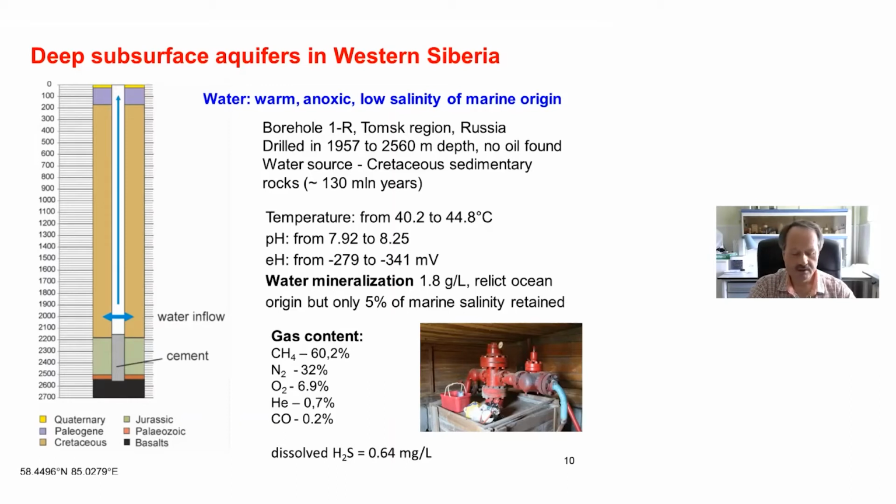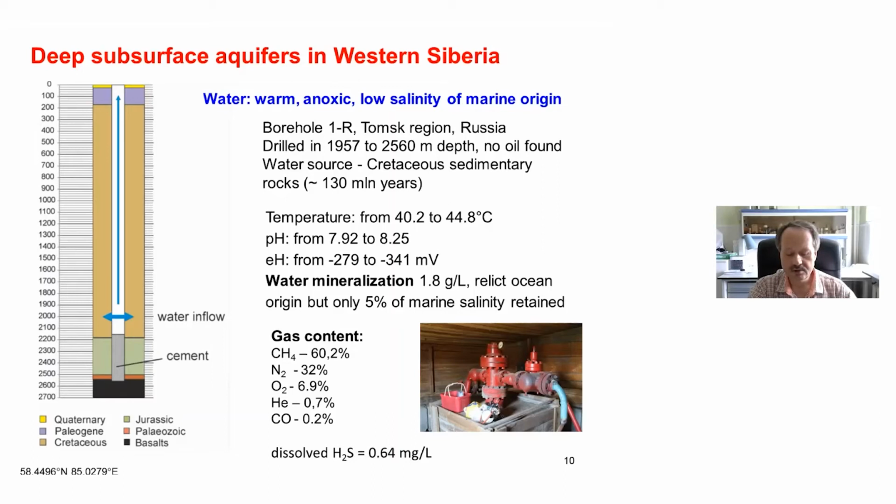Water has been flowing out for 50 years. It's anoxic with a temperature of about 45 degrees, which matches the depth of 2 kilometers. Its total mineralization is about 2 grams per liter, and the salts are of relict ocean origin, mostly sodium chloride. This conclusion is based on the chloride to bromide ratio and overall salt composition.